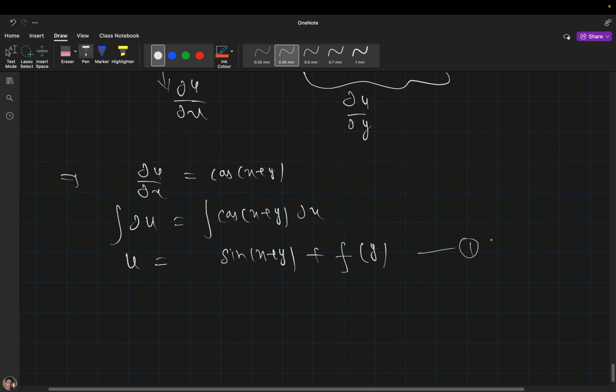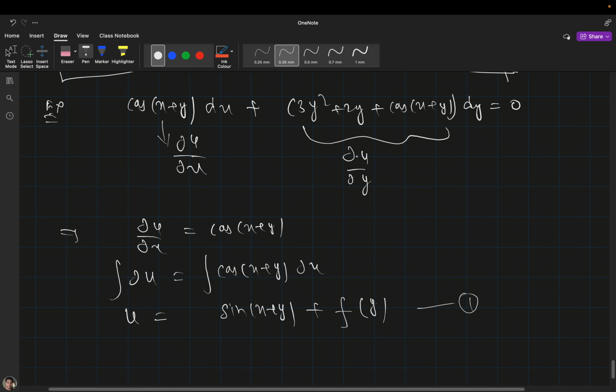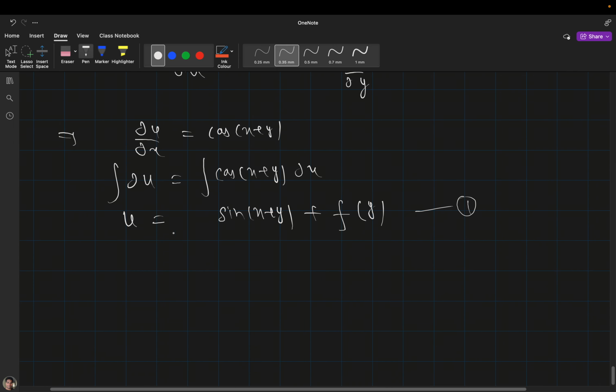So take the first equation. Now we have another equation, ∂u/∂y. First I will differentiate this equation with respect to y. It will become cos(x + y) plus ∂f/∂y.